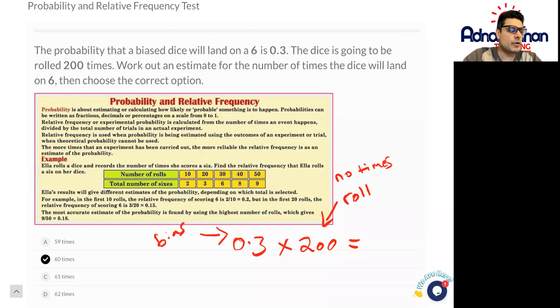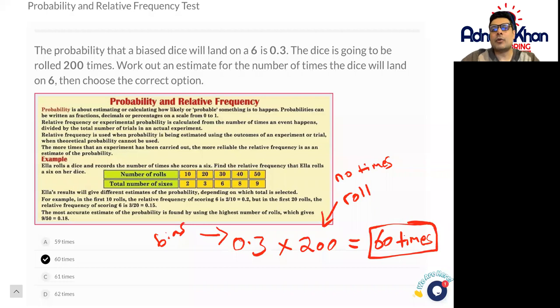Okay, so all we do is we do 0.3 times 200, and that gives us roughly 60. So that means that our estimate is that this particular dice is going to hopefully land on 6 60 times.